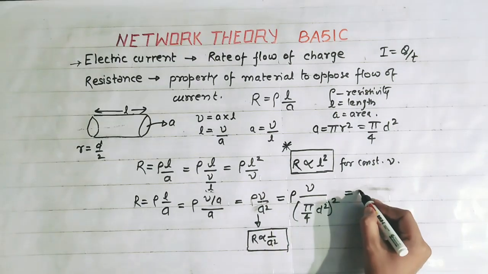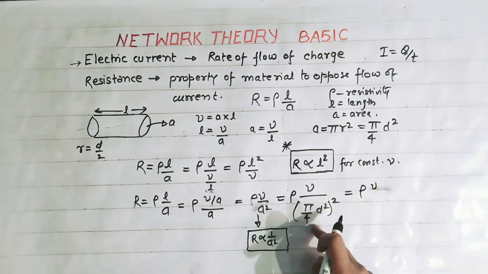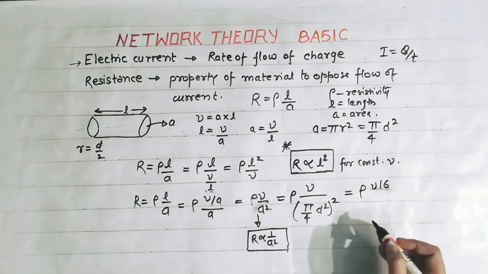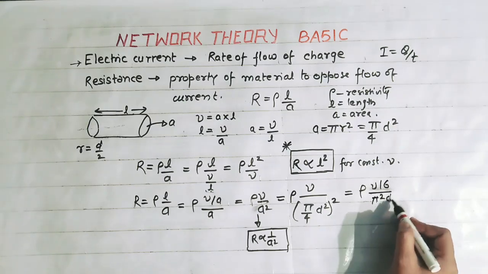Now we can write rho 16v by pi square d square.